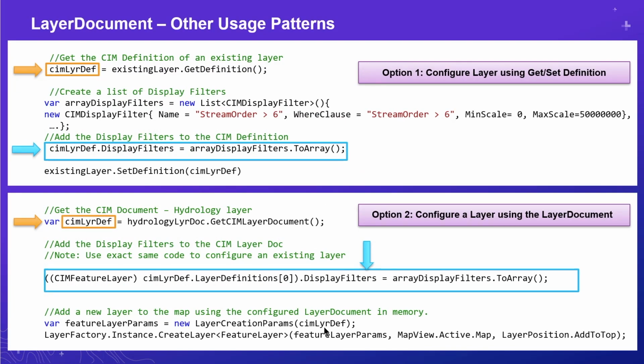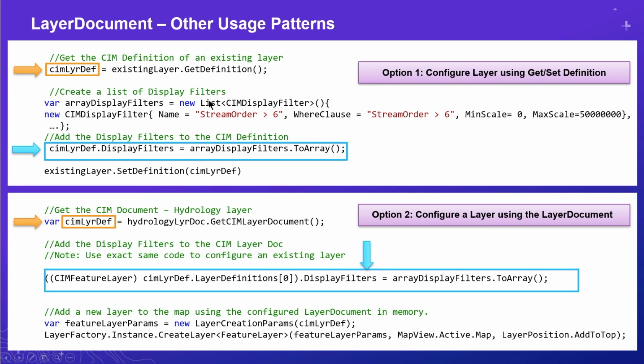So to review what we discussed in this session today, we have seen two patterns of working with the CIM. The point I want to make here is that the work we do to manipulate and configure the CIM is the same. How we access and work in the CIM follows these two patterns shown on this slide. We started with option 1. We begin with an existing layer and access its CIM using the get definition method.